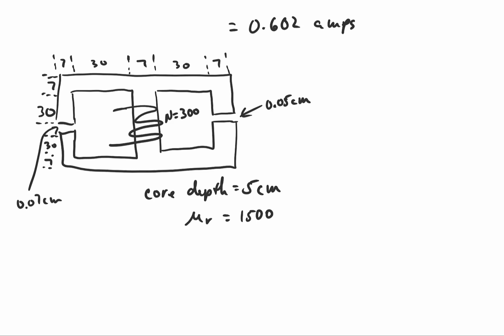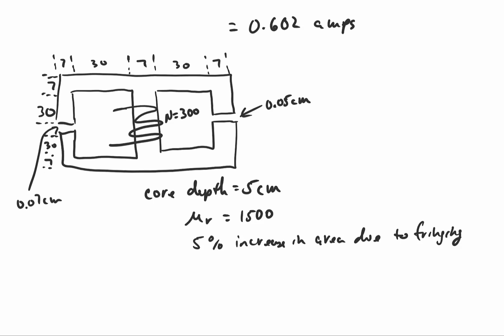And we're going to assume that we have a 5% increase in area due to fringing at the air gaps. So we've got that going on. And again, we've got 300 turns in the coil. It's wrapped around the center leg.